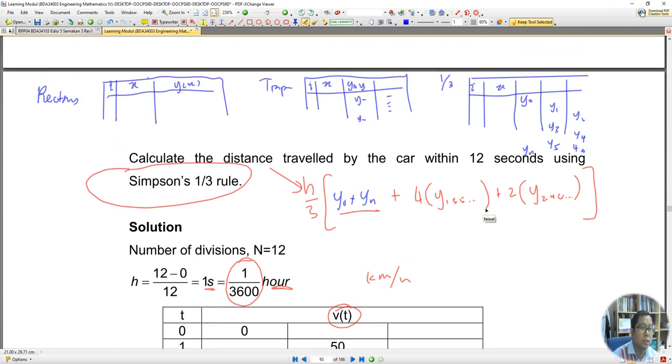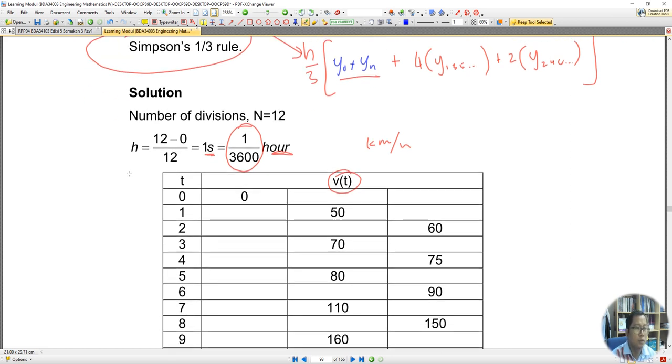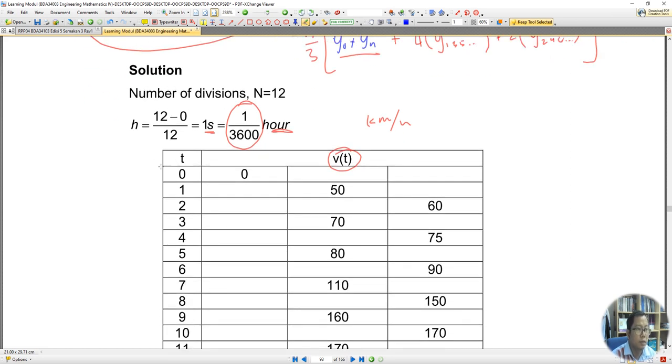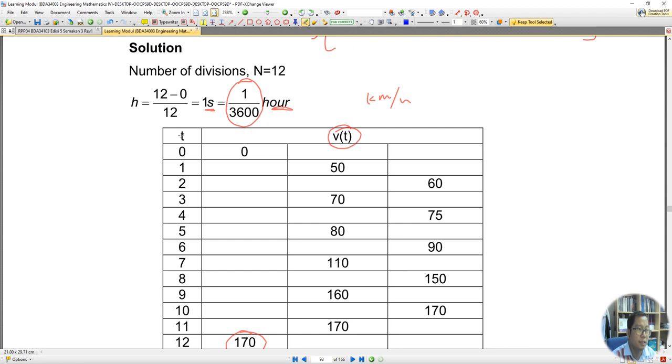So the question is asking you how to calculate the distance traveled by the car within 12 seconds using the Simpson 1/3 rule. So this table, you have to put it like this. Again, they put T, it's okay, T or i. T starts from 0.